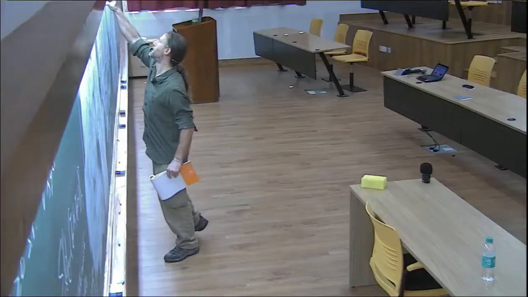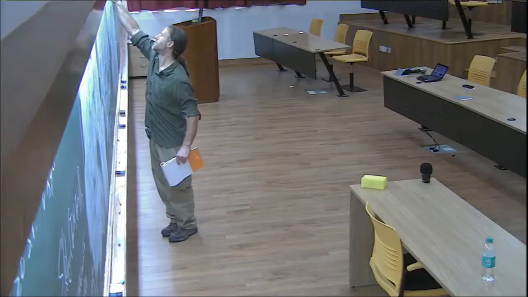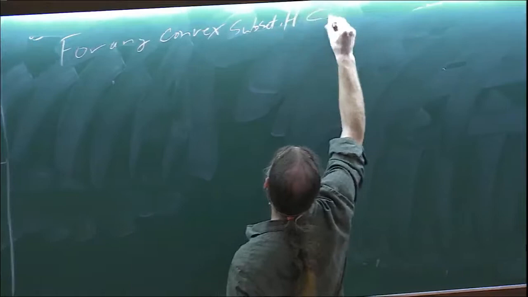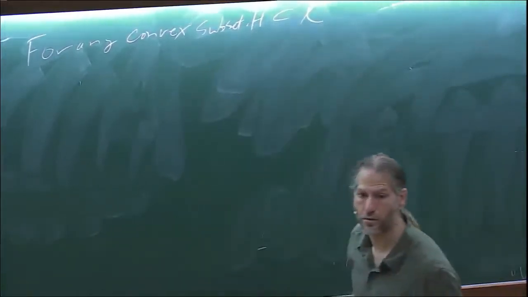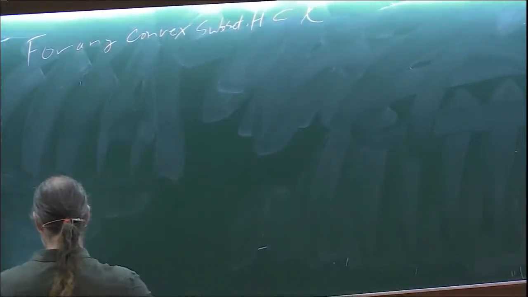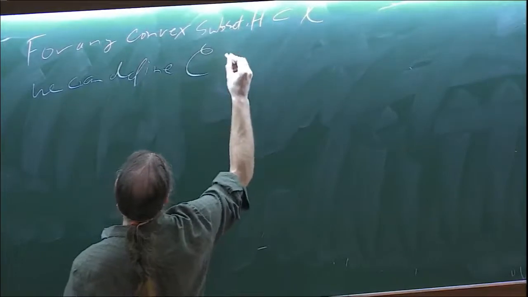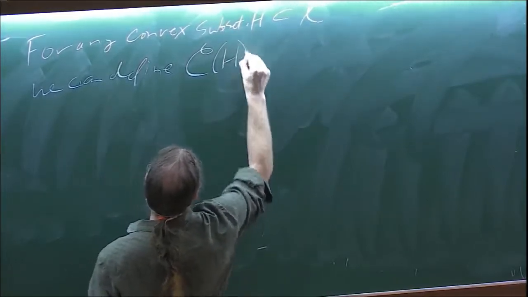So for any convex subset H contained in a CAT(0) cube complex X, just like we defined the contact graph for X, we could define the contact graph for that convex subset. Okay, so we can define the contact graph of H.